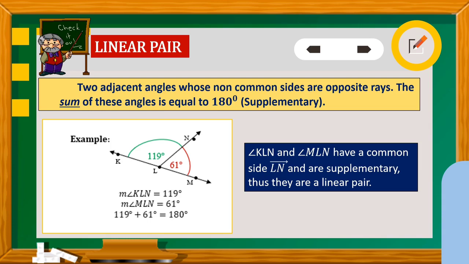Since the measure of angle KLN is equal to 119 degrees and the measure of angle MLN is equal to 61 degrees, 119 degrees plus 61 degrees is equal to 180 degrees. Thus, they are a linear pair.